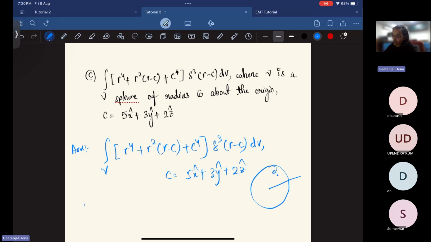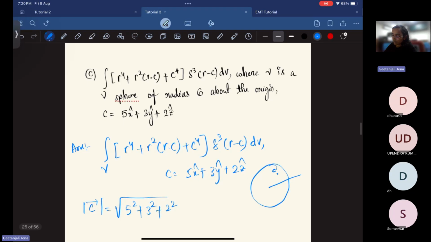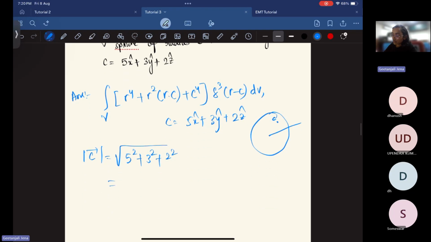So c is square root of 5 square plus 3 square plus 2 square. This will give 25 plus 9 plus 4, 38. And square root of 38 is greater than square root of 36, right? Which is 6. So that is why this point is not inside the sphere, it is lying outside the sphere. So that is why the integration is 0.